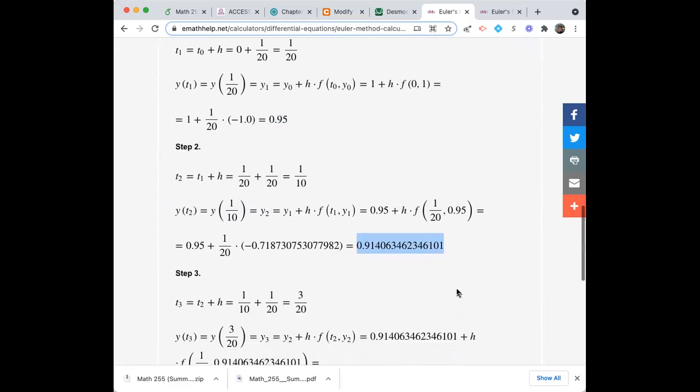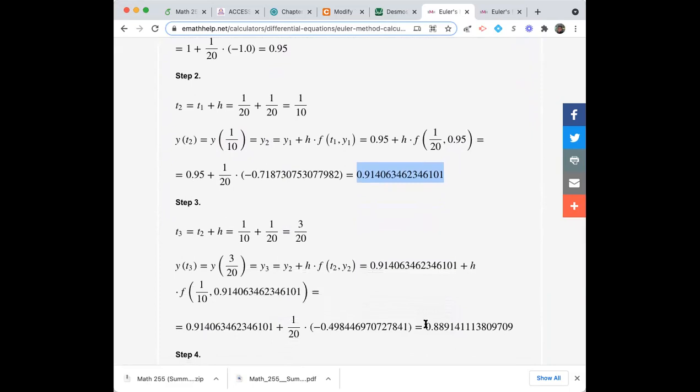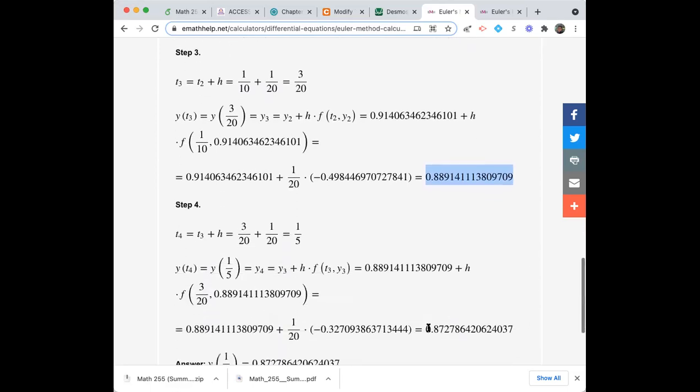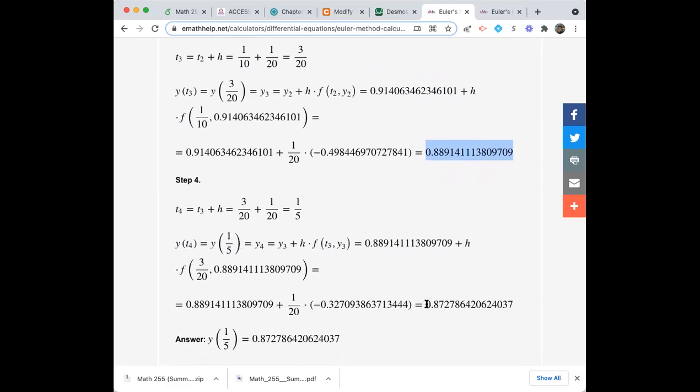After a third iteration, we get this decimal. After a fourth iteration, and we get to an x value of 0.2, this is our y value. Okay.